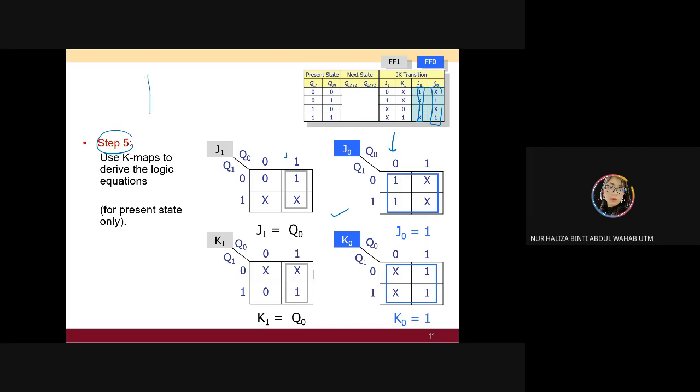So let me draw my JK flip-flops. FF0, FF1, J0, K0, Q0, J1, K1, Q1. Okay, I'm going to do the connection. My J0, K0 is connected to 1.